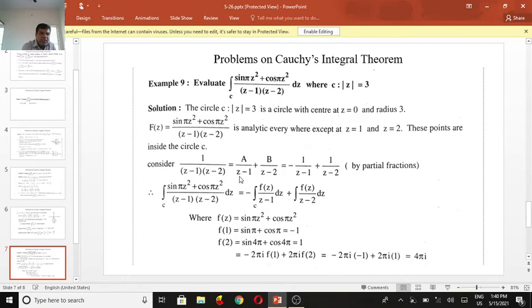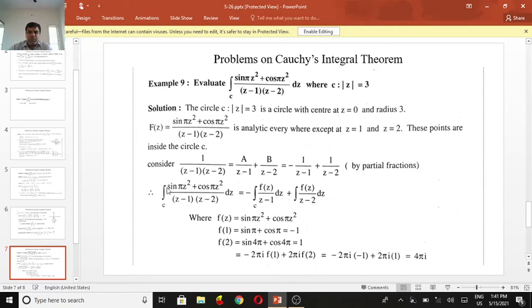So the denominators get cancelled, and I can write 1 equals A of z minus 2 plus B of z minus 1. Now put z equal to 2, we get the value of B. Put z equal to 1, we get the value of A. So capital A is minus 1 and capital B is plus 1 by using partial fractions.